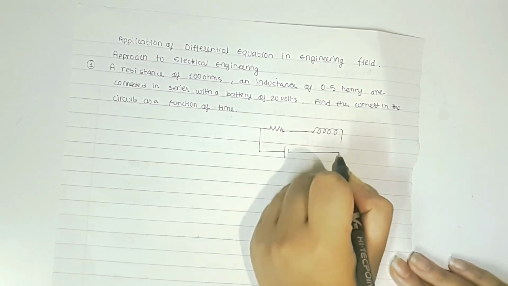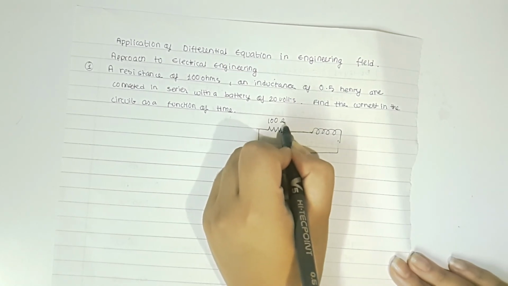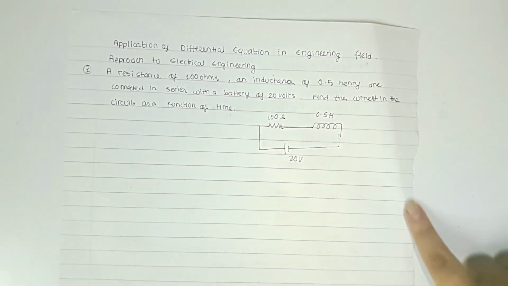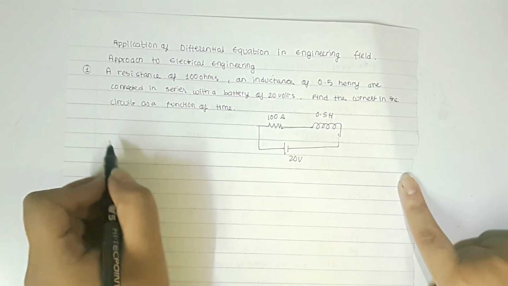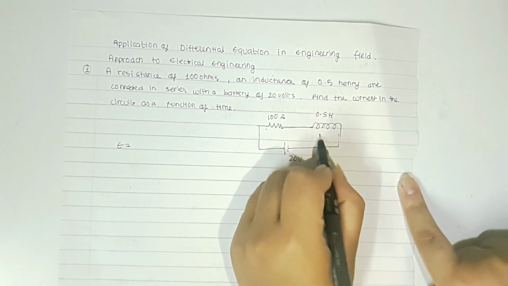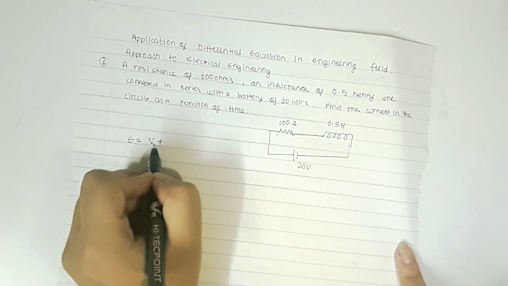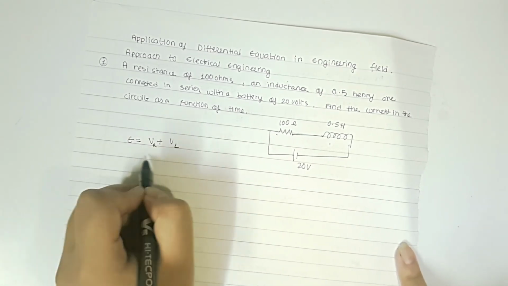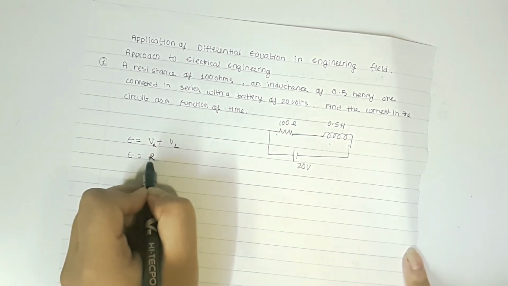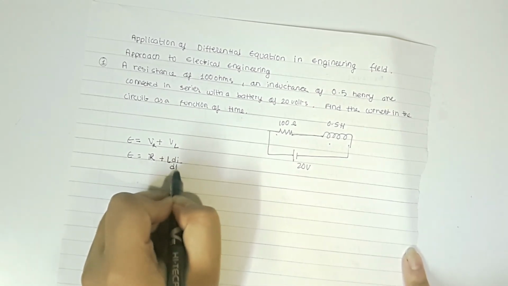of 20 volt and 0.5 Henry. So we know that the total voltage or the total EMF is equals to the voltage across resistance plus voltage across inductance, which is given by I R plus L di by dt.